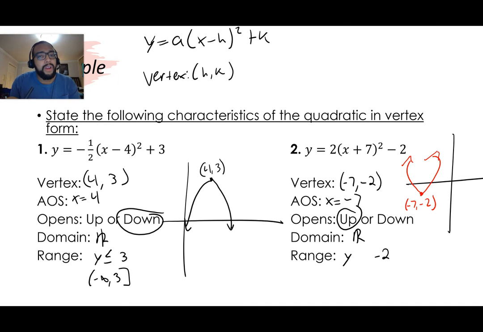There are arrows at the end of our parabola. That means I'm going to go to infinity. So my range is y greater than or equal to -2. Again, if you want to write interval notation, I would do -2 and infinity, although you don't have to do interval notation.